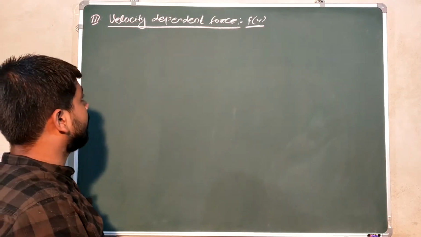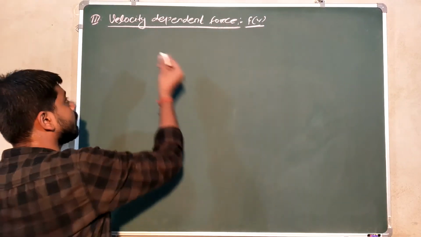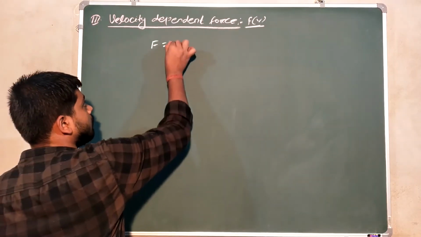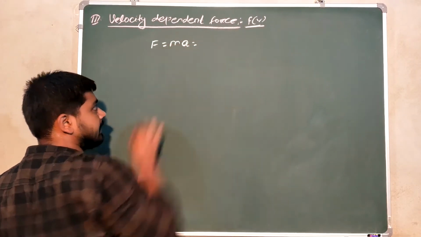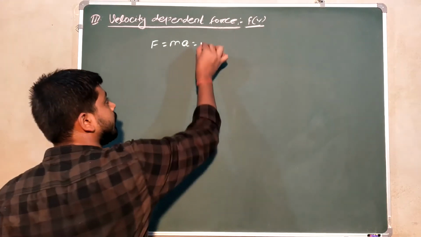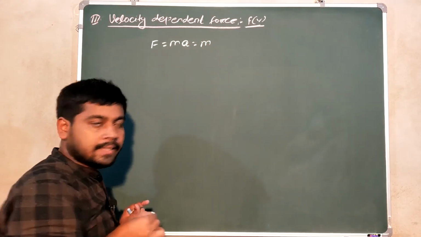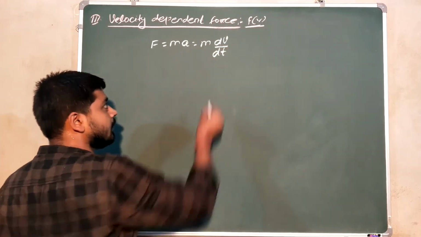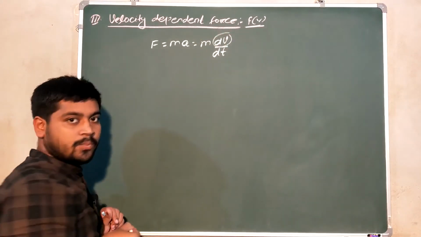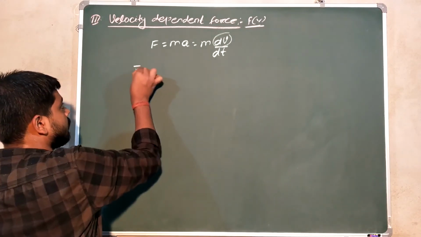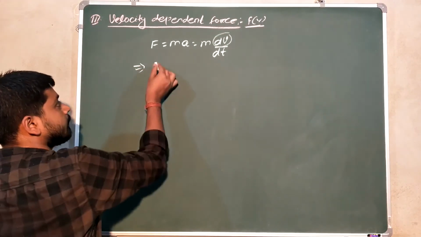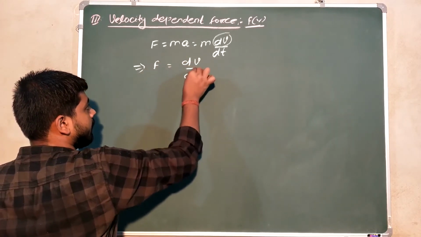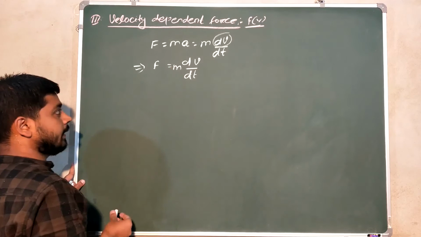Then how do you solve it? Same formula, F equal to mass into acceleration. Then mass into acceleration, m dv by dt. Change in velocity is present, then we have nothing to do here. That implies F equal to m dv by dt.